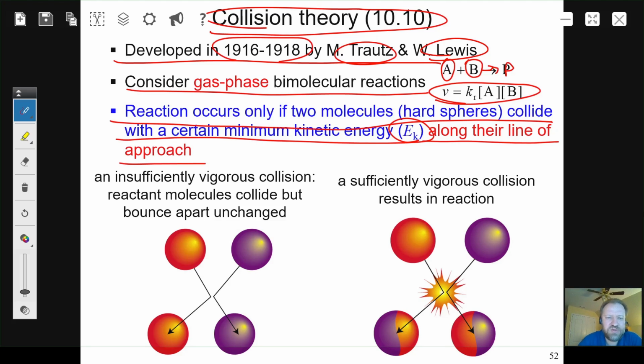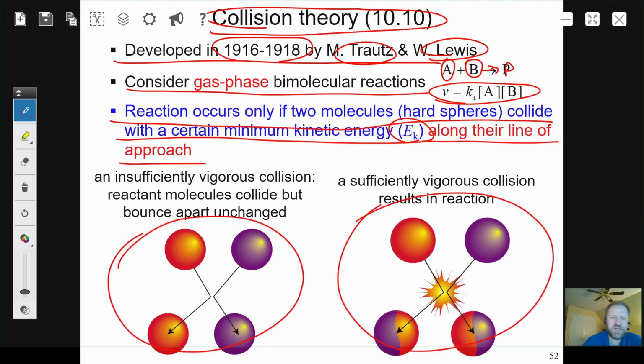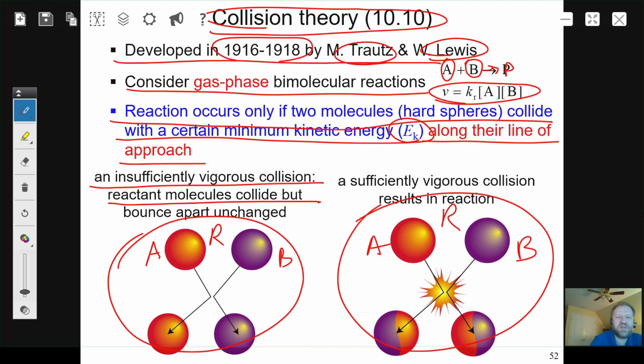So in these two diagrams that you see at the bottom on your left side and right side, you can see how the two reactants, and I'm going to denote them as R, and suppose, again, this is species A and species B, right? So you have a collision between two reactant molecules A and B. On the left-hand side, however, there is insufficiently vigorous collision taking place because after reactant molecules collide, they bounce apart unchanged.